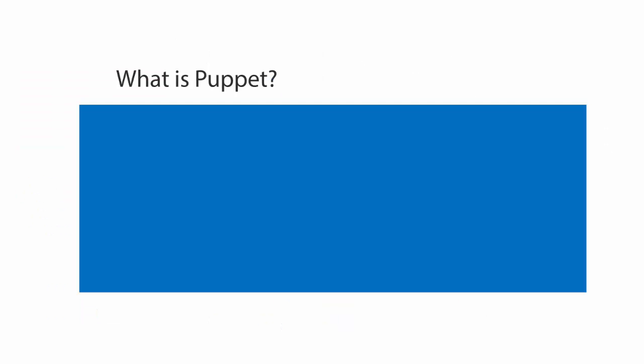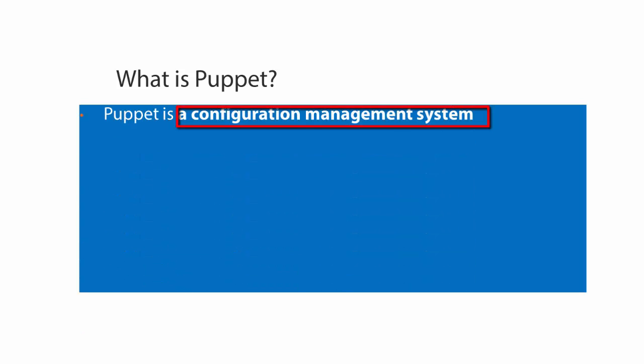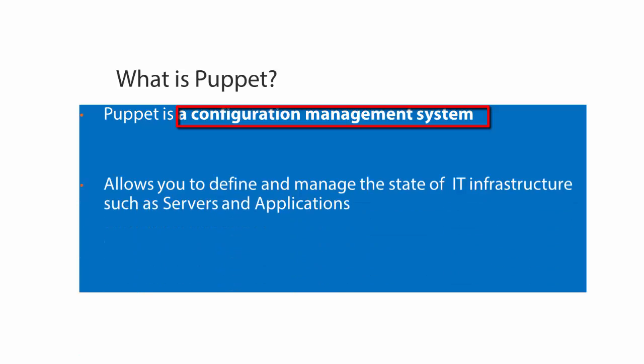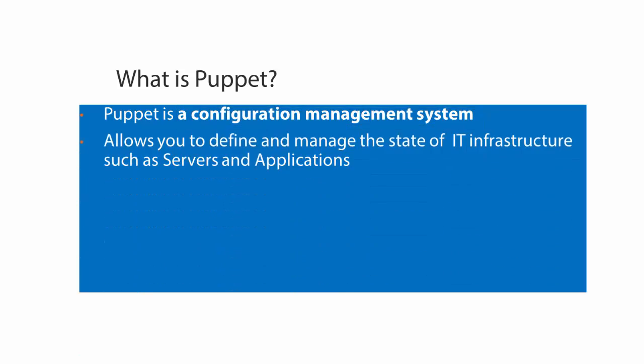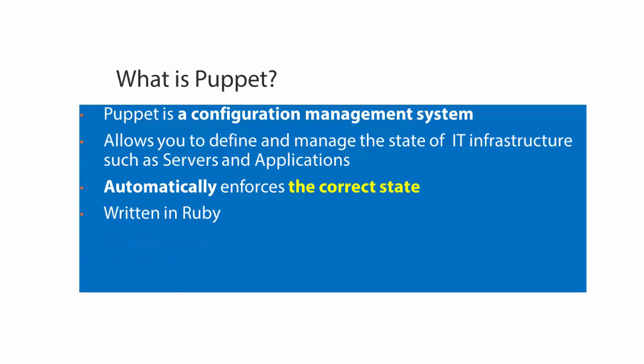Then, what is Puppet? As I told you in the previous pages, this is one of the configuration management programs and focuses on automatically managing the state of IT infrastructure, such as various servers and applications, for a correct and stable state. It also helps you keep and track huge system changes consistently.